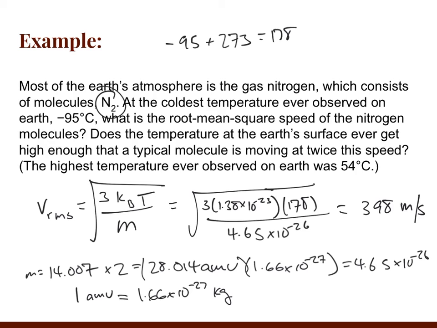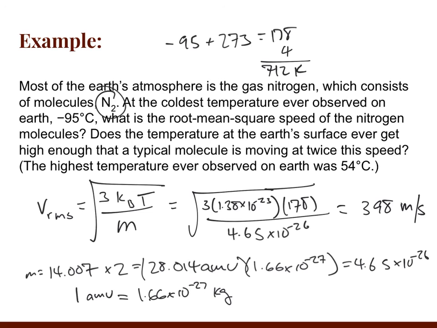And then the second question asks, does the temperature of the Earth's surface ever get high enough that a typical molecule is moving at twice this speed? To be moving twice the speed, the temperature has to be 4 times as big, because this is a square root relationship. So we'd have to have 4 times our 178 Kelvin, which is 712 Kelvin.